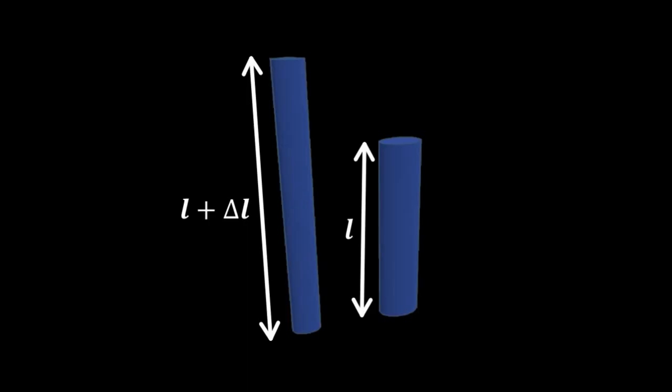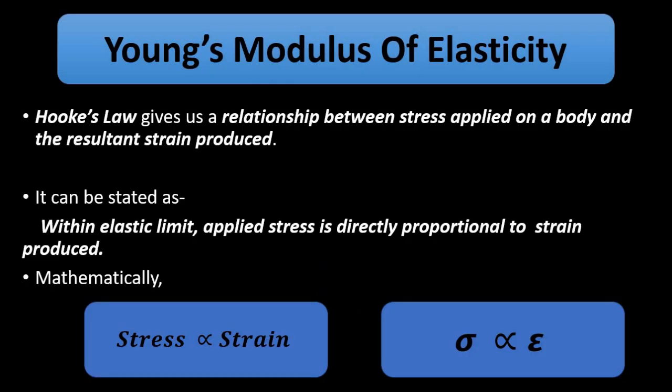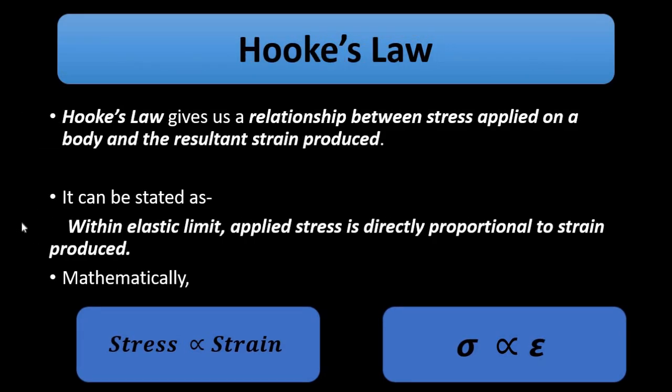Another important thing we have to take into account is the Young's modulus. Okay, so Young's modulus, basically we have to base it upon Hooke's law, which states that within the elastic limit, the stress and strain are directly proportional. The strain produced in the body is directly proportional to the applied stress.